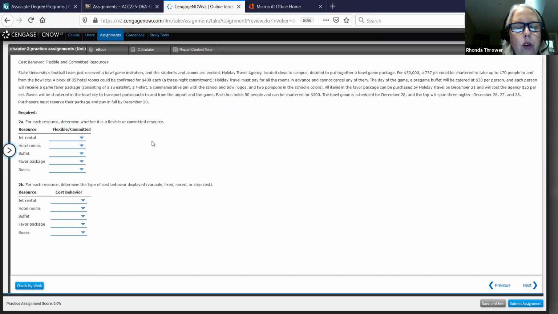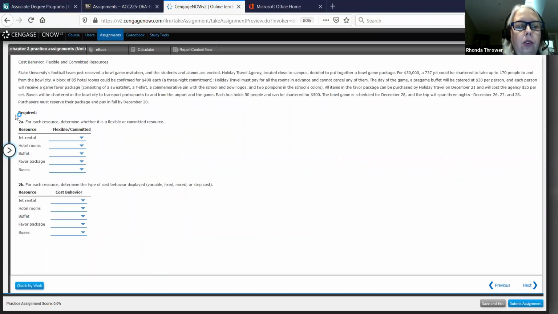As we incur a flexible resource cost, we will use it up. So there should be no unused amounts left over. If it's a committed resource, what that means is that we are committed to that resource, whether we've used it up or not. So we could have some of that resource left over.